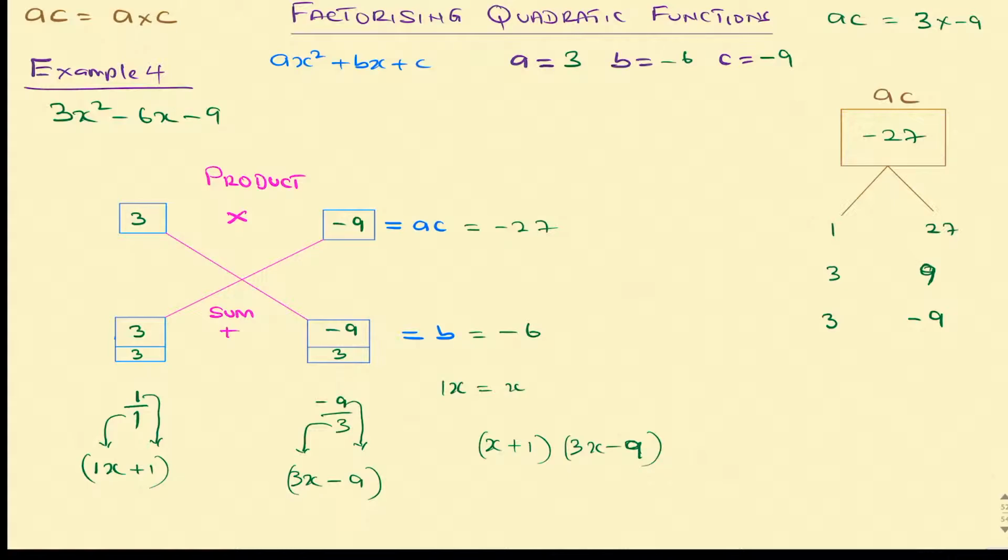We can still take 3 out of 3x minus 9, and that equals 3 times x minus 3, so x plus 1 and 3 times x minus 3. Because if you multiply it out again, 3 times x is 3x, 3 times minus 3 is minus 9. So that will be the true factors for this quadratic function.